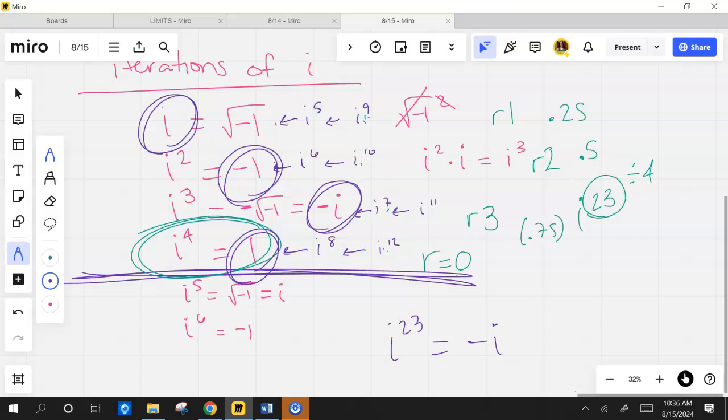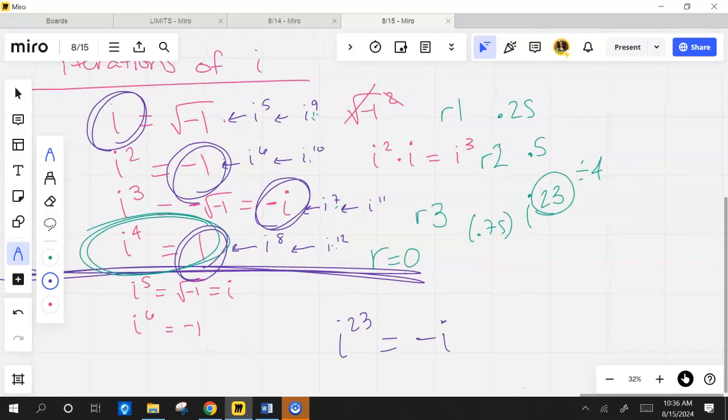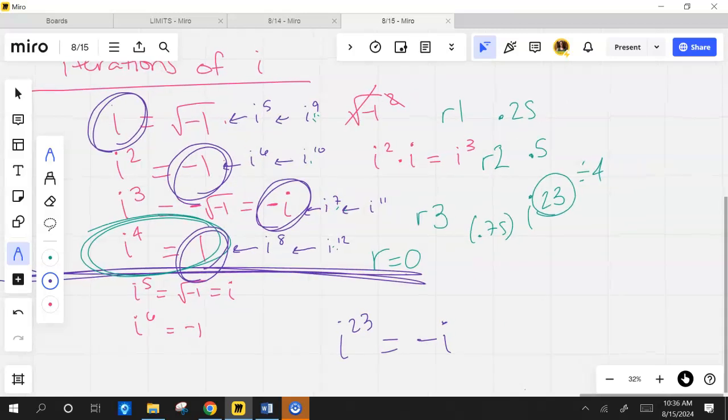I was showing you why. From the first example, we wouldn't replace it with the square root of negative 1. If you ever see, like, i to the 5th, we would say that's the same thing as i. And i to the 4th, that's 1.